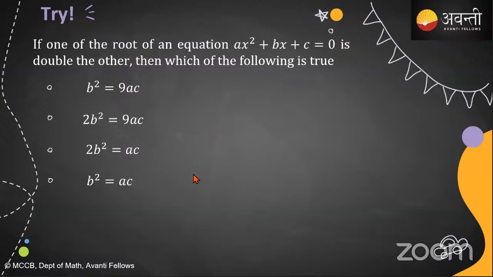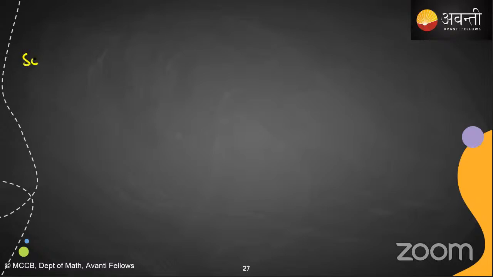Anyone? Okay, so let's see here. Everybody, pay attention here. देखो क्वेश्चन क्या बोल रहा है कि one of the root is the double of the other root, right? So let's write this down. What is the equation? Ax square plus bx plus c is equal to 0.